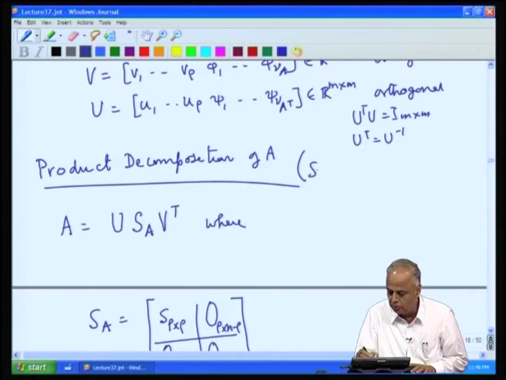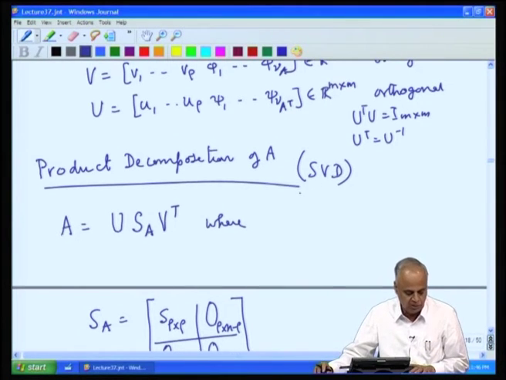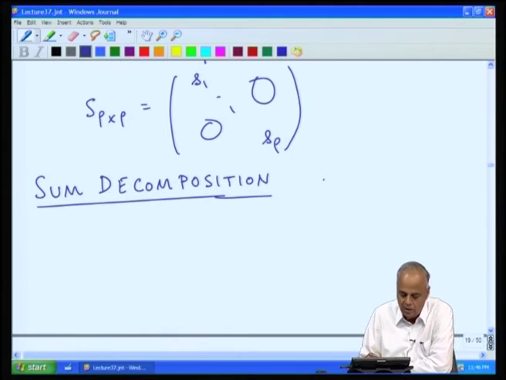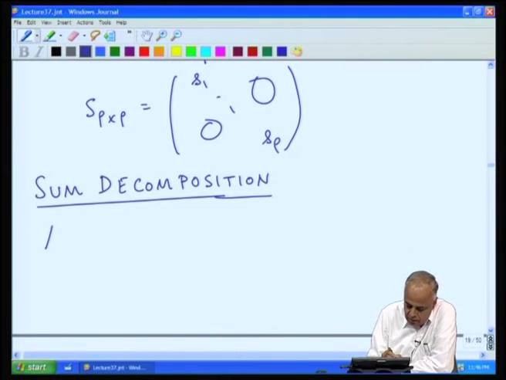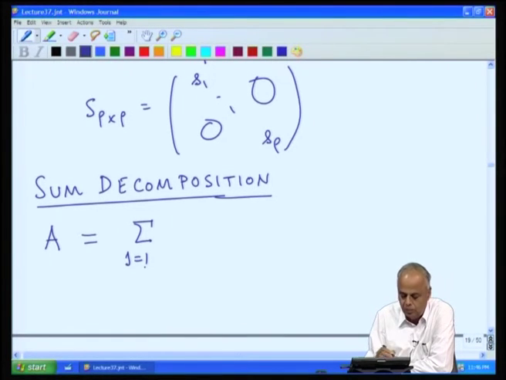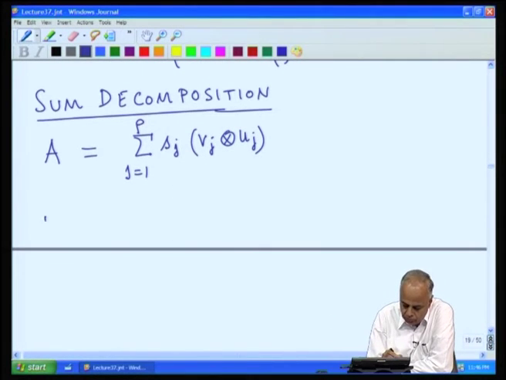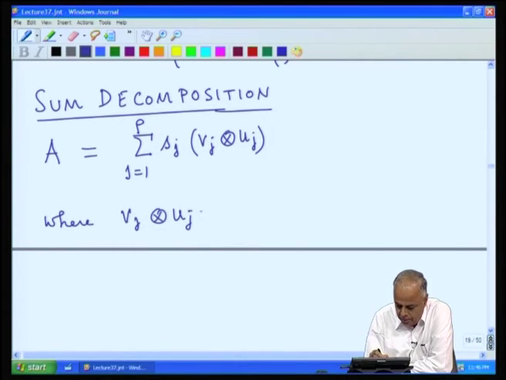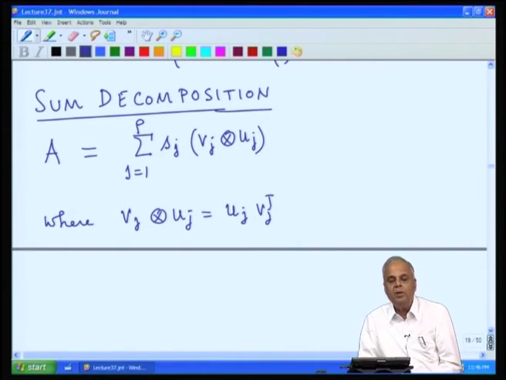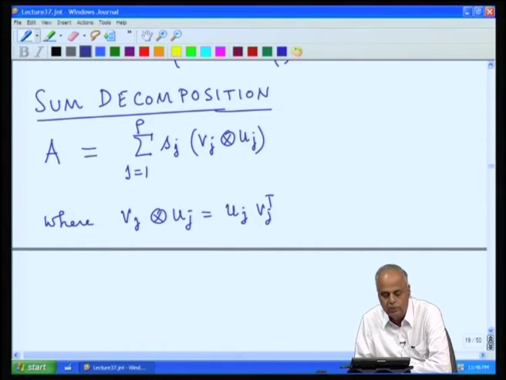This is the product version of the SVD, and then we had the sum decomposition: A is equal to the summation j equal to 1 to rho of s_j v_j tensor u_j, where v_j tensor u_j, in our notation, is u_j v_j transpose. So, these are the two main decompositions that we get.